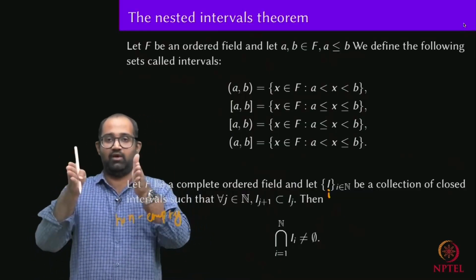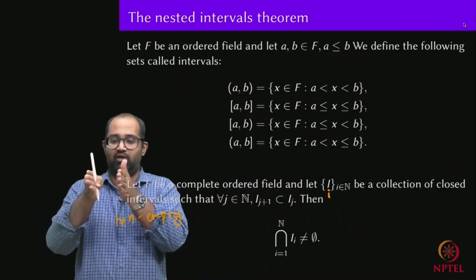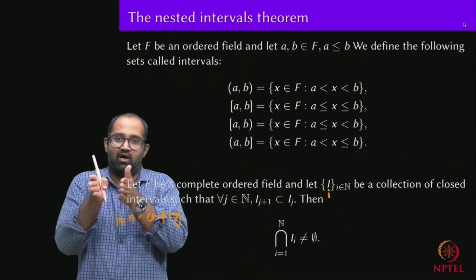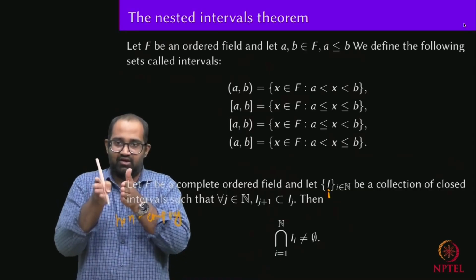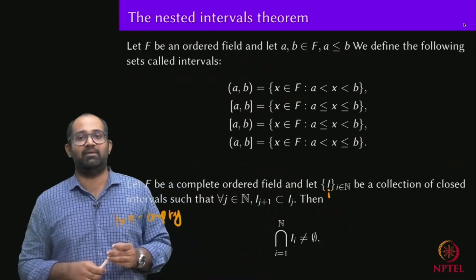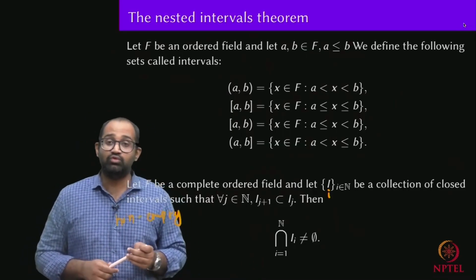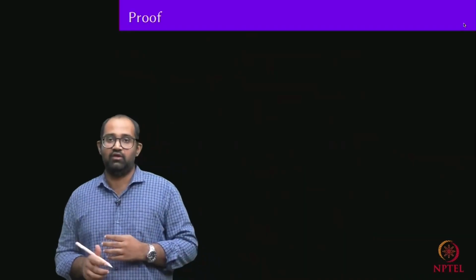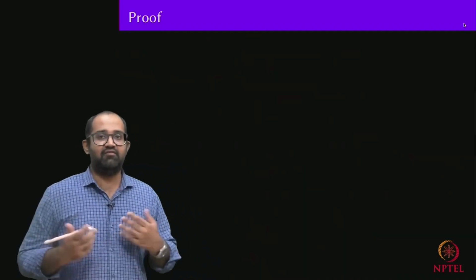If you have a sequence of non-empty intervals that get smaller and smaller, I mean not necessarily smaller, they could stay the same also, then the intersection cannot be empty, and this crucially requires completeness. Let us see a proof of this. So, the first step is to give names.